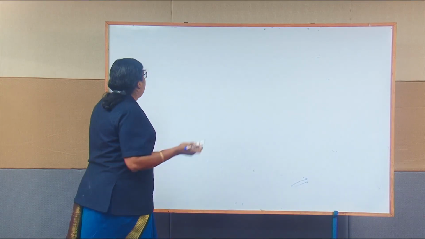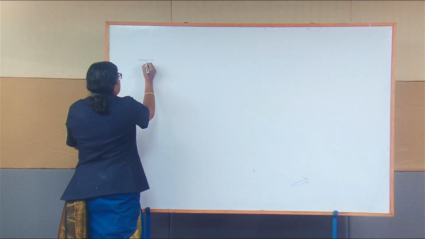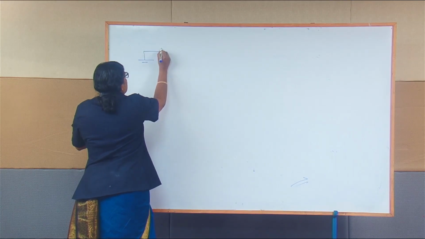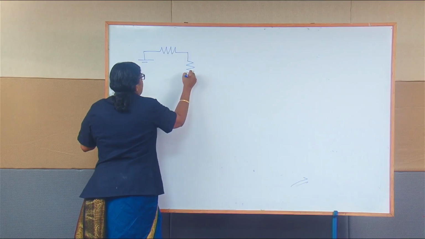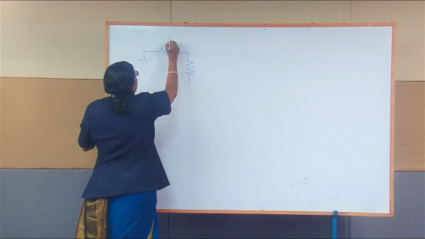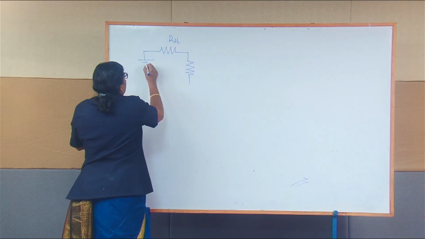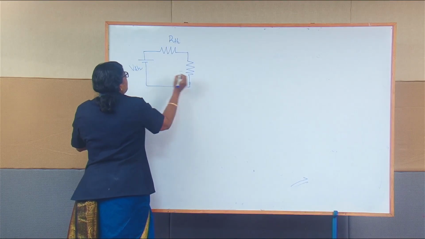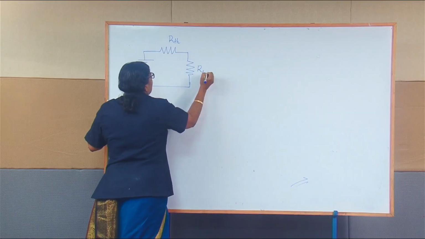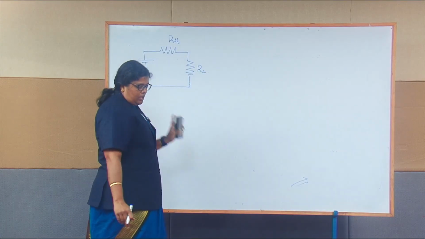So a complex network can be reduced to a simple network which consists of a V Thevenin in series with a resistance called R Thevenin. That is called your Thevenin's theorem.